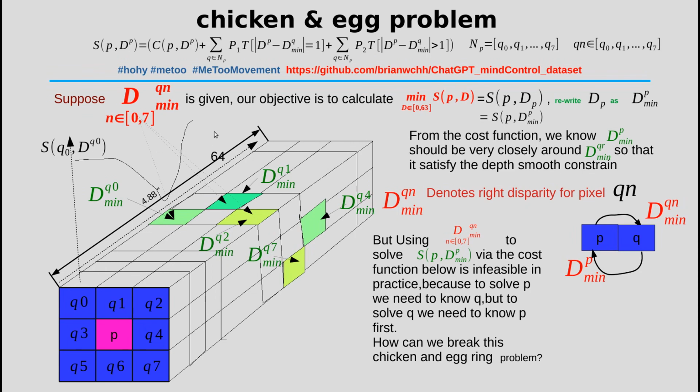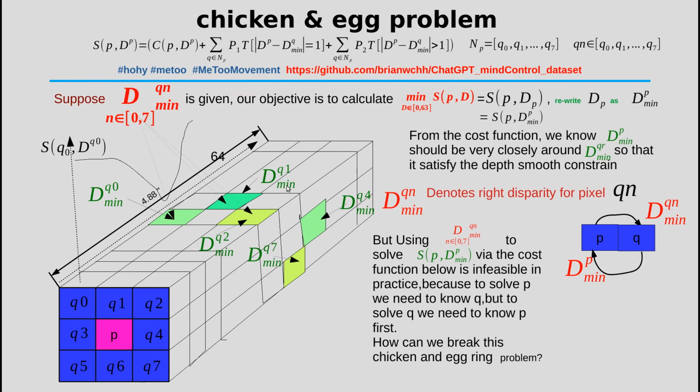Suppose the neighbors have already had this overall cost function calculated, q0, dq0, and all of them are already known. The minimum is also known, so this disparity min is also known.